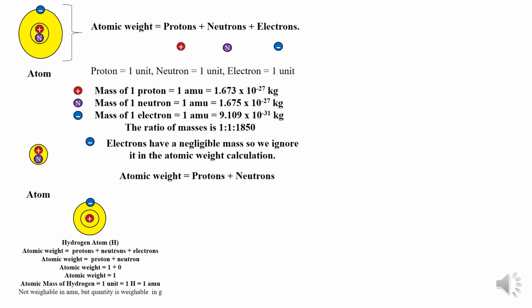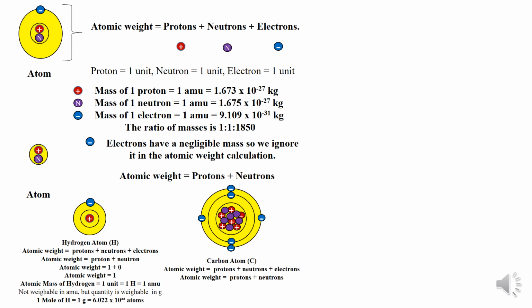So you cannot weigh a hydrogen atom using a weighing balance, because it's so minute with a negligible mass. But the mass can be weighed in grams. That is, the quantity is weighable in grams. So 1 gram of hydrogen can be weighed using a balance. So 1 mole of hydrogen is equivalent to 1 gram. That is to say, 1 gram of hydrogen contains Avogadro number of atoms.